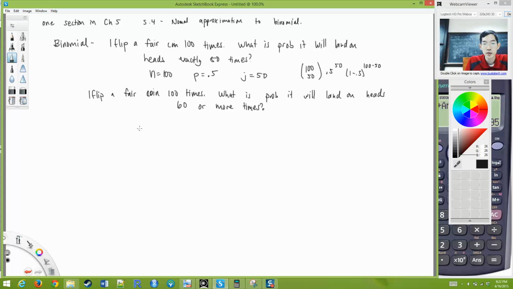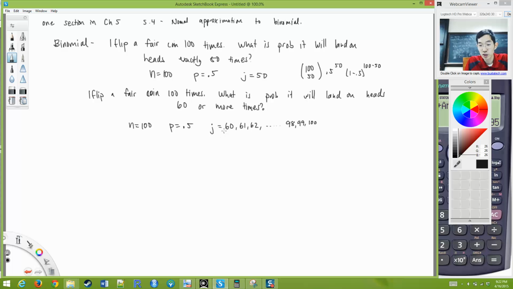Okay, so in this case I have n equal to 100, p equal to 0.5, but what is j? j is 60, 61, 62, all the way up to 98, 99, 100, right?